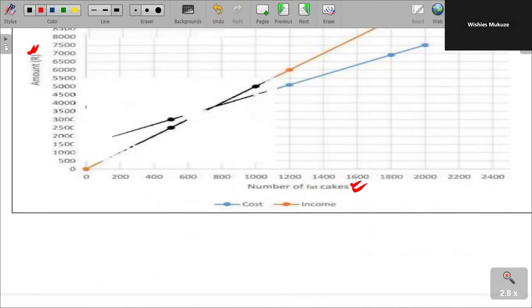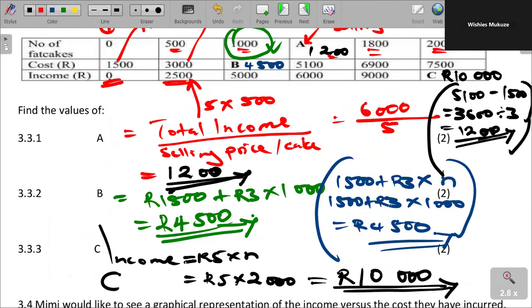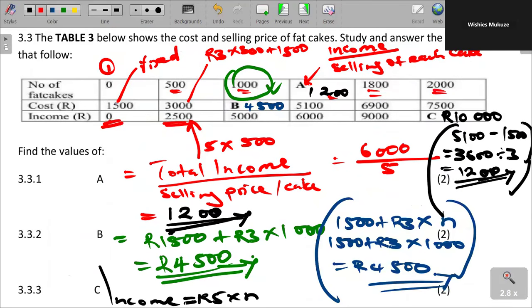Now, when we have that, we also need to consider what affects the size of the graph. For income, our highest amount is 10,000 and our lowest is 2.5.